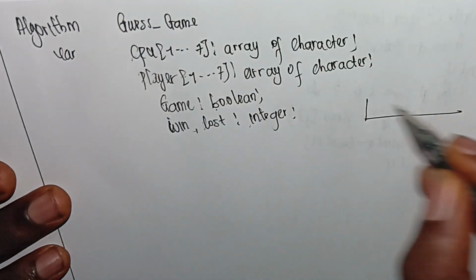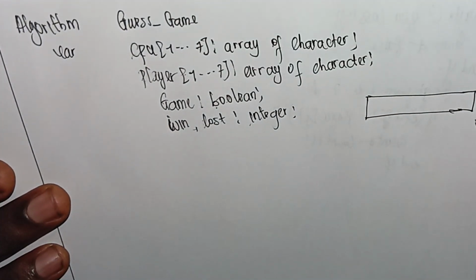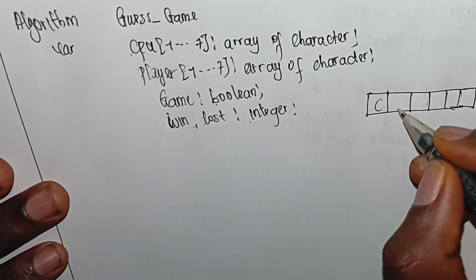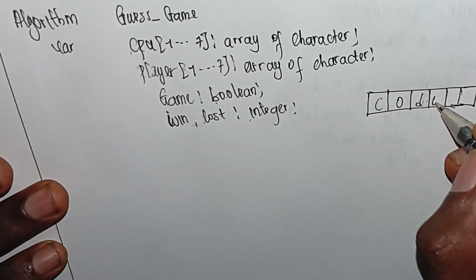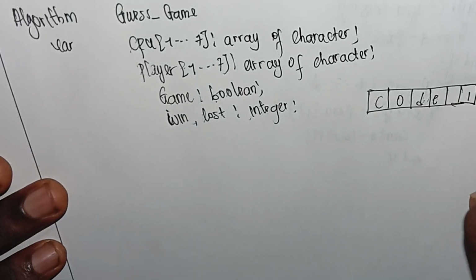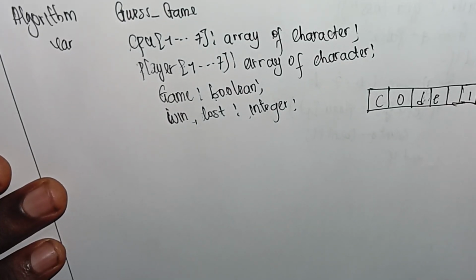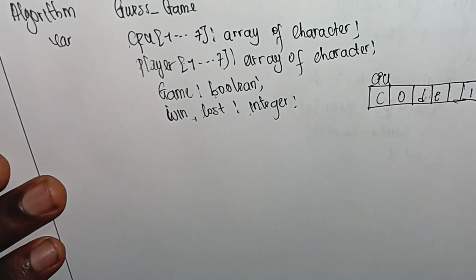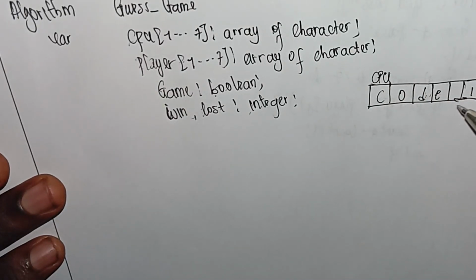So in essence, this is what we are trying to create. So this is like the CPU array, and the CPU array has these characters.